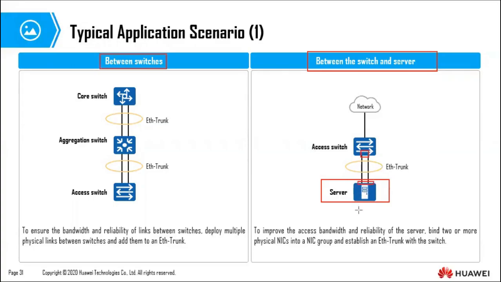Otherwise, most of the time, between the access switches and the aggregation switches, you will provide backup links, and it's important that you create an Ethernet trunk between those links. Then between the aggregation layer switch and the core switch, you also create another Ethernet trunk.